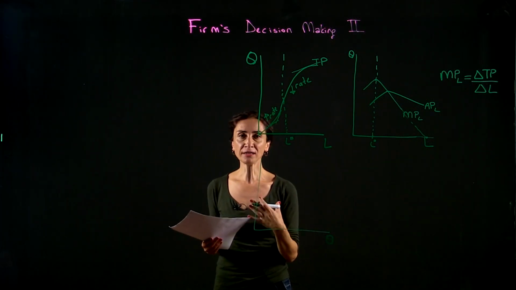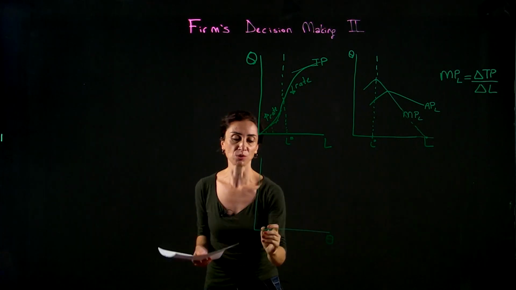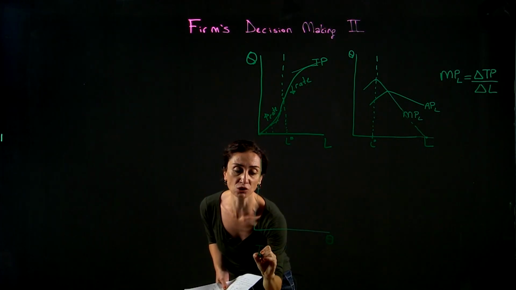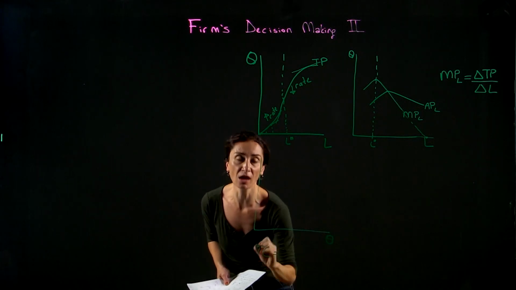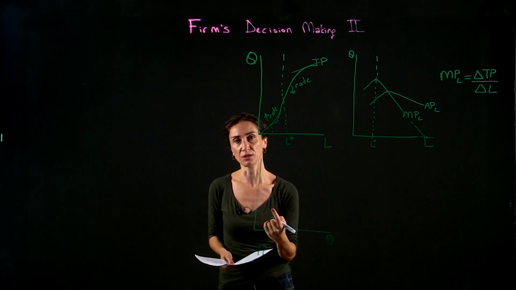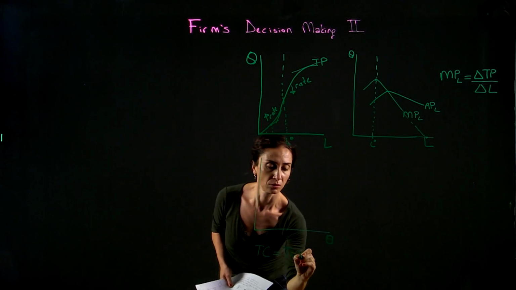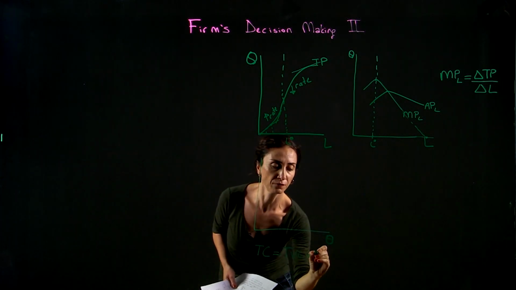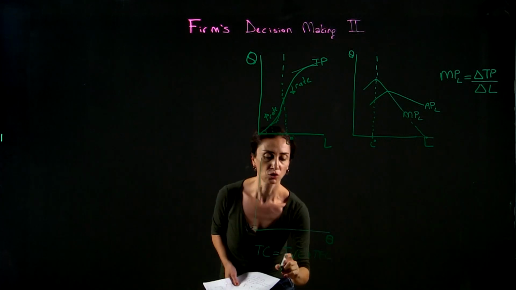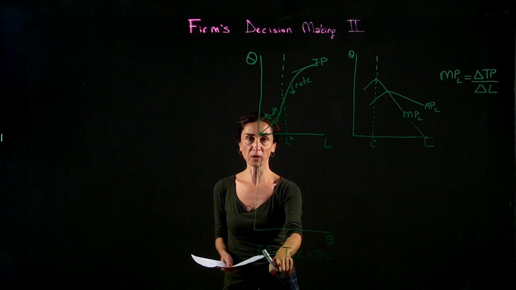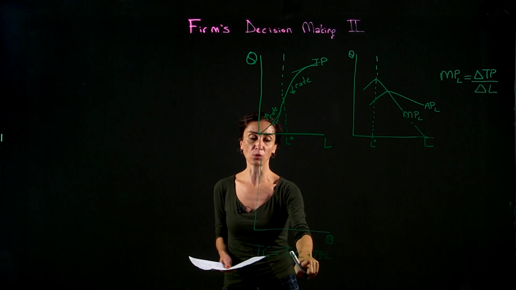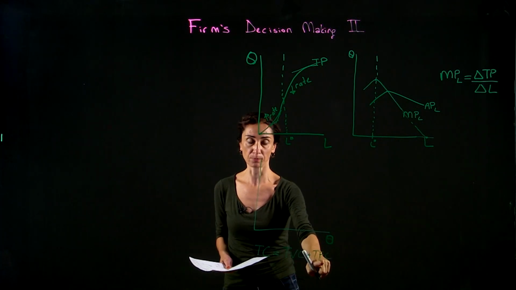So remember, cost in the short run, total cost has two components. The cost of variable input and the cost of fixed input. So total cost is always equal to total variable cost plus total fixed cost.